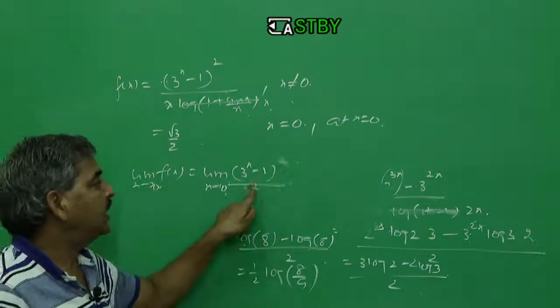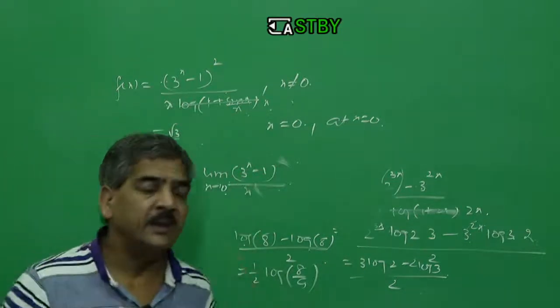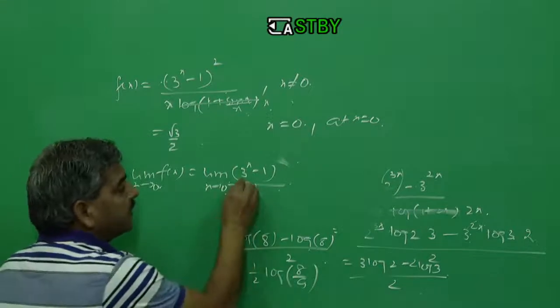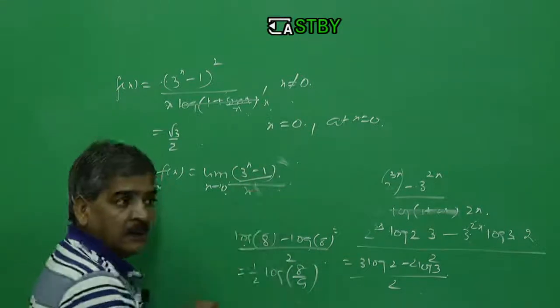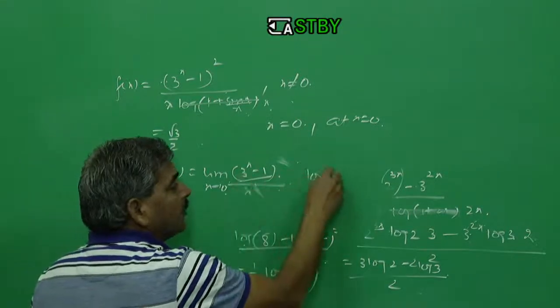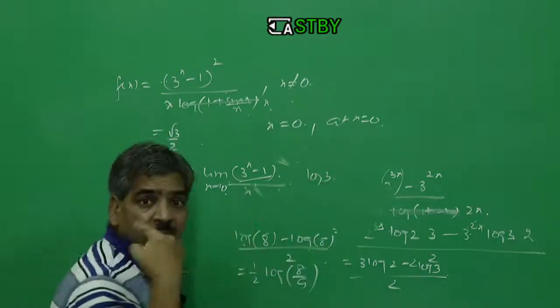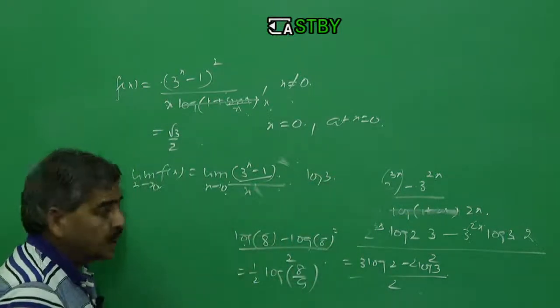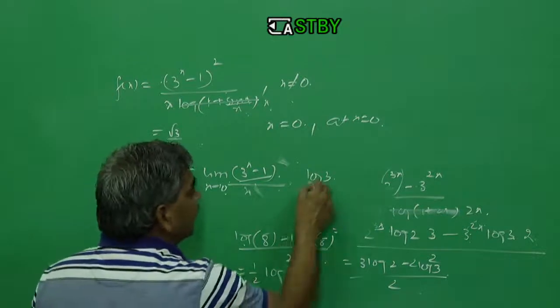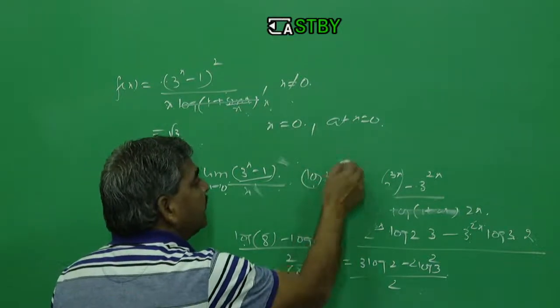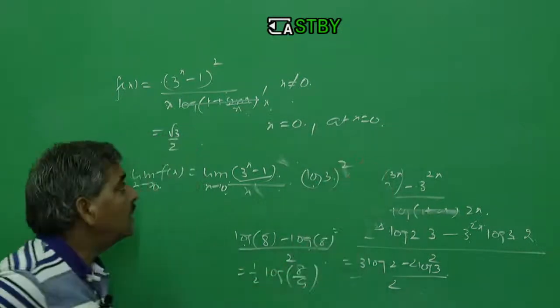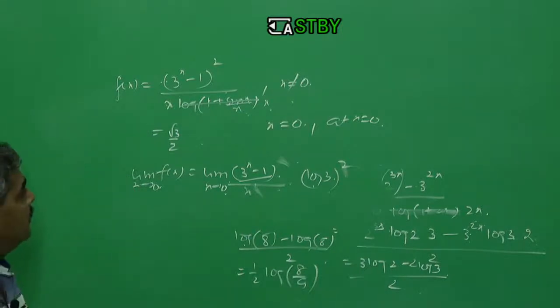Square चला गया. I'll keep in mind there is square. Let's differentiate numerator separately, denominator, derivative of this is what? Log of 3, and derivative of x is what? 1. Okay, 1. It is correct. Okay, so answer is what? Log of 3 whole square. That is the answer.